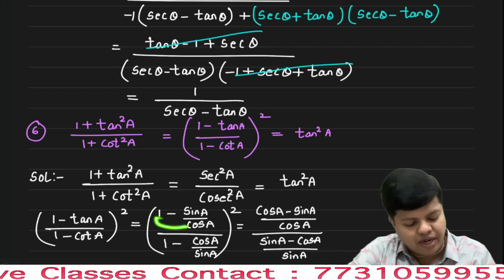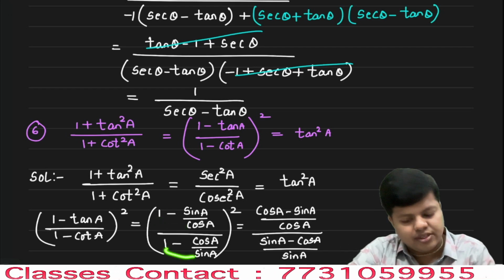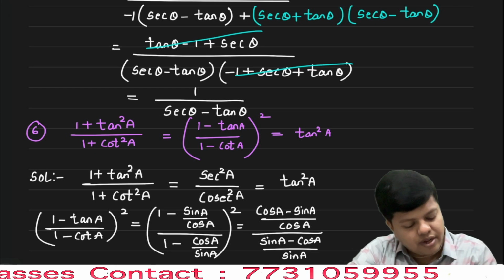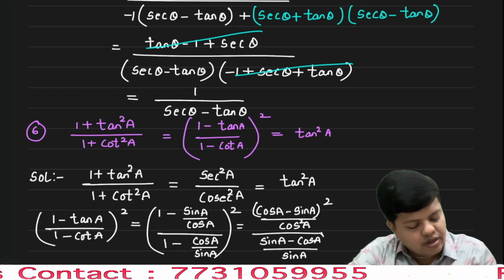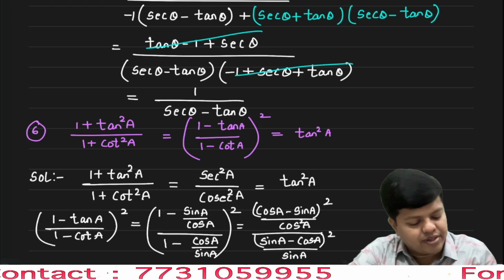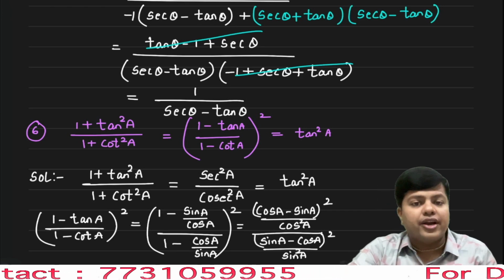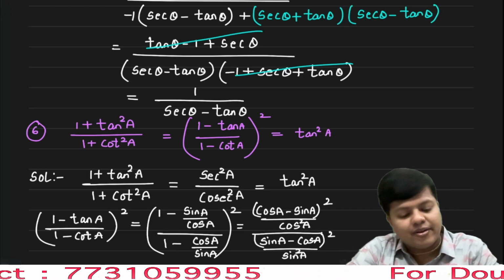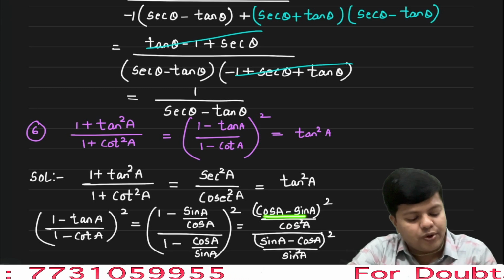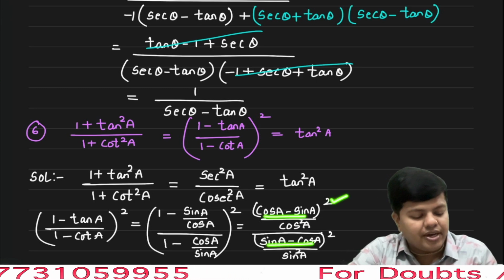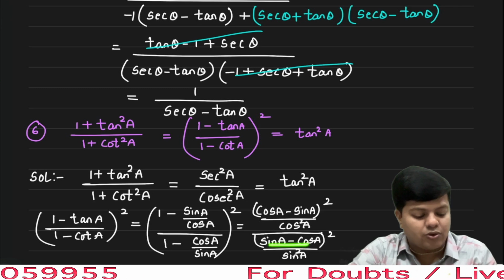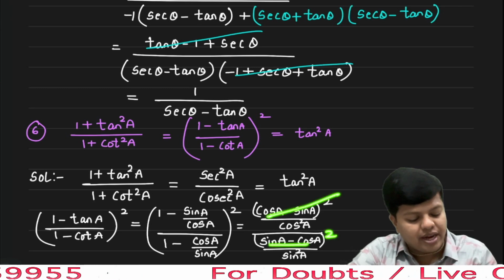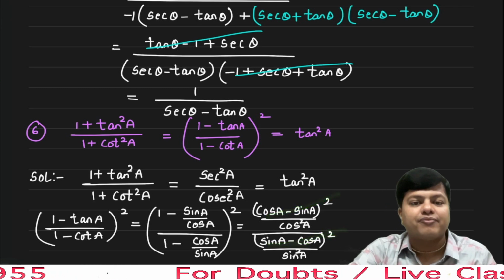Cos A went here by cos A, sin A came, and so everything has a square, student. Each one has a square, so this is cos square, this also, each squared separately. I am doing it separately. Sin square, student. Cos A minus sin A subtract if you do, and sin A minus cos A if you subtract, you get a sign difference also, but it is whole square, so both are the same, we can cancel both numerators.